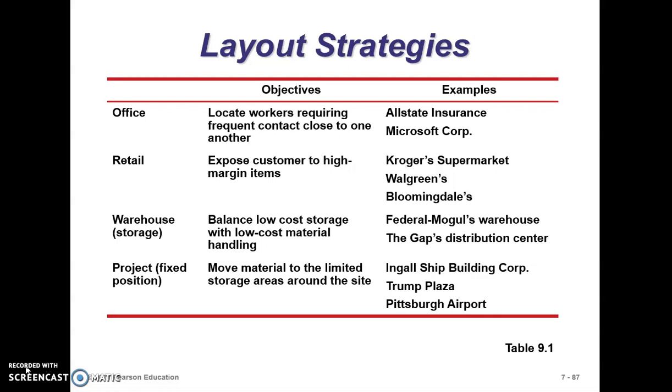Okay, retail, we expose customers to high margin items, the arrangement of products in retail, in any store. Okay, and warehouse, balance low cost storage with low cost material handling.